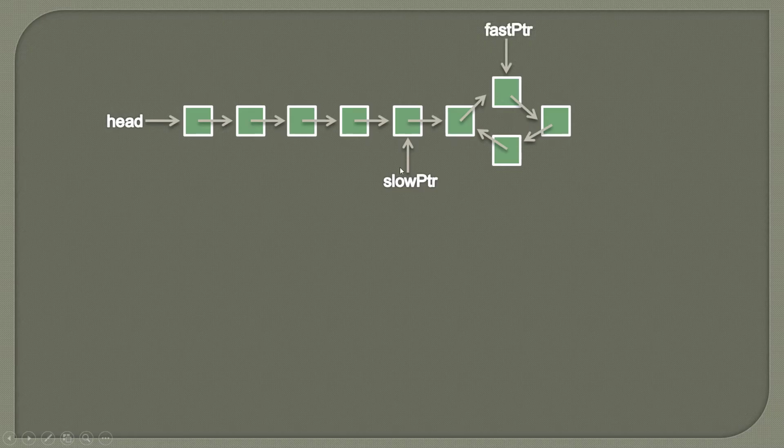Here you can see that the slow pointer is still completing the tail of the singly linked list, but the fast pointer has already completed one circle. Based on the number of nodes and the size of the loop, there can be a possibility that when the slow pointer enters the loop, the fast pointer must have completed X number of cycles.